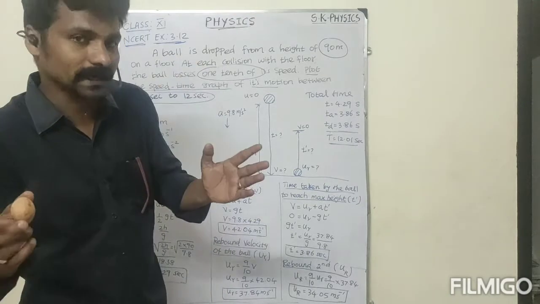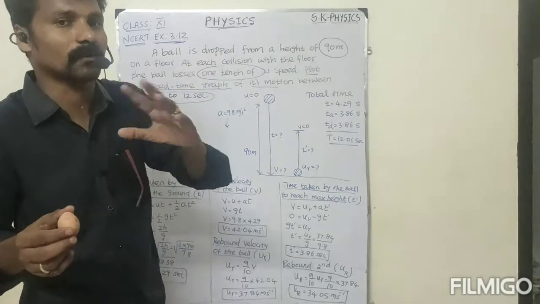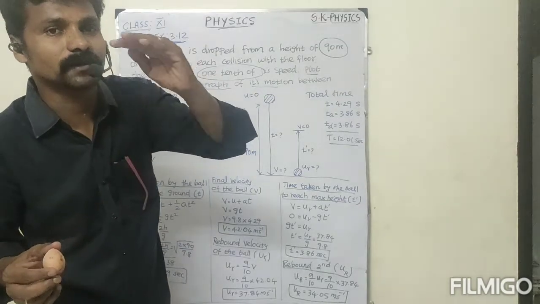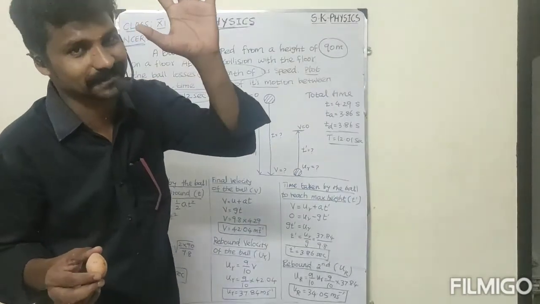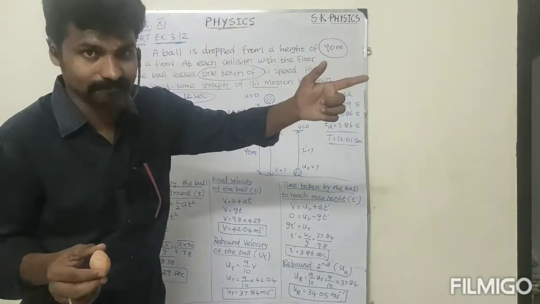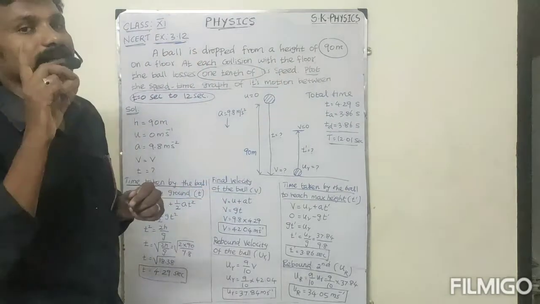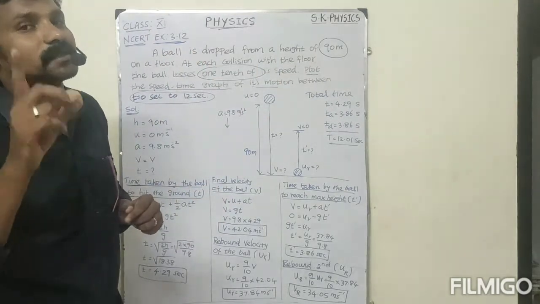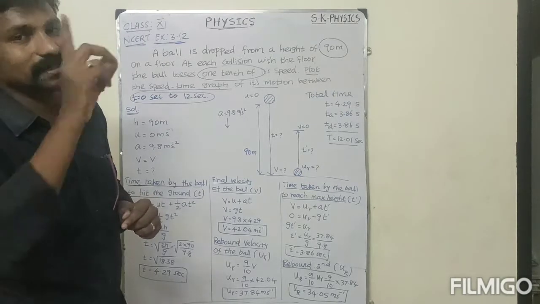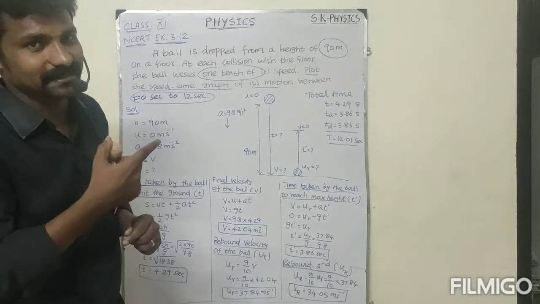So you should compare the speed and time in this situation, how the graph will be drawn. That is the question. The graph is secondary. First you should understand the concept and derive how the velocity is changing within up to 12 seconds. So we discuss.